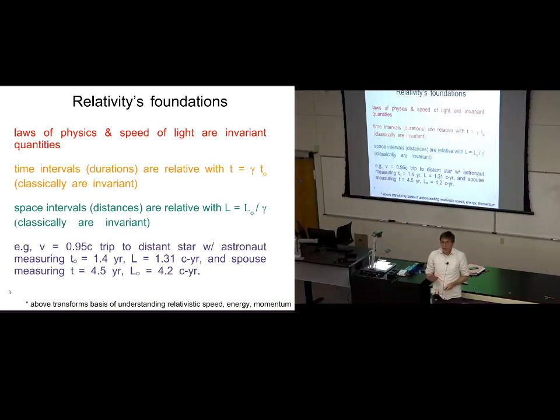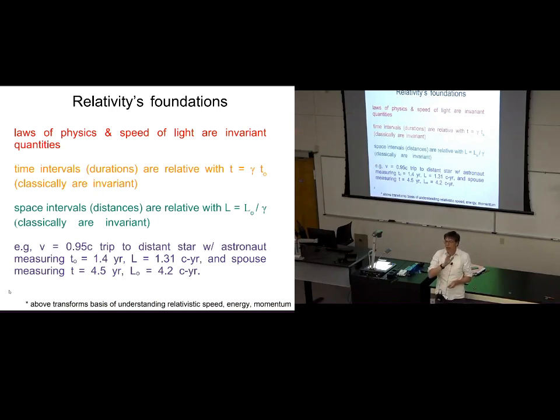The whole of relativity is based on those two statements, those two ideas. We said that to explain the fact that light has the same speed in all reference frames, we have to modify our notions of space and time, and we introduce time dilation and length contraction. So those are the two key results in relativity.